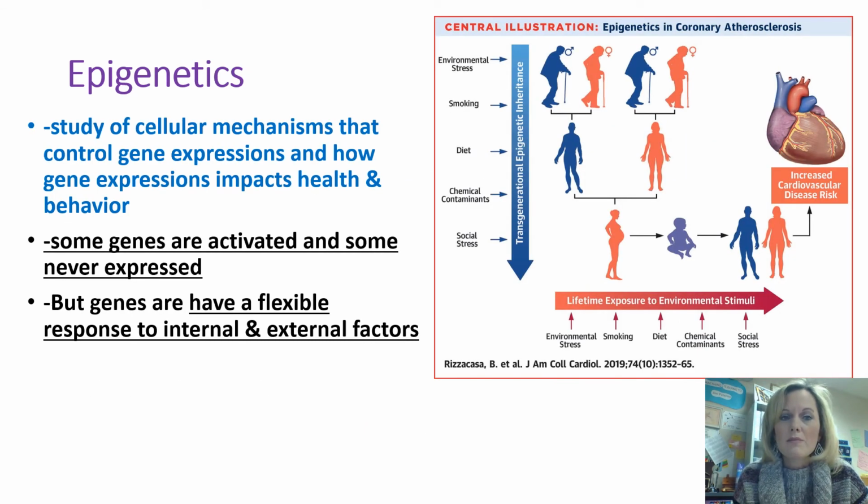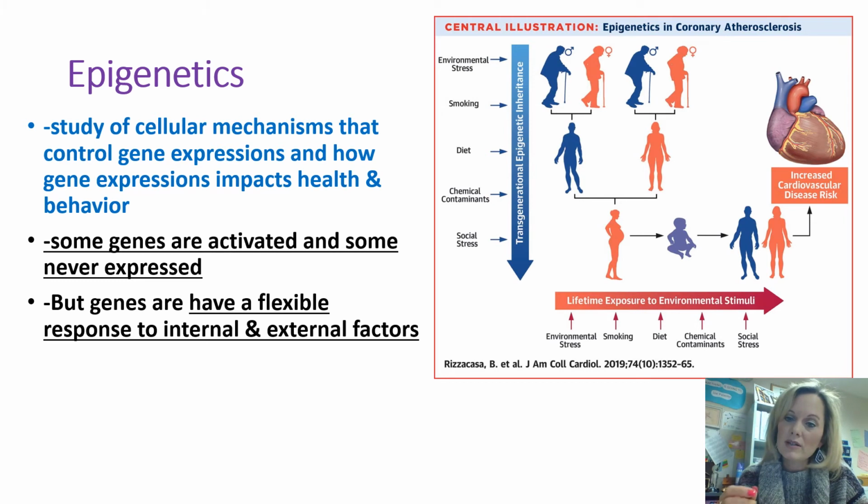Okay, so epigenetics is the study of cellular mechanisms that control genetic expression, and how genetic expressions impact health and also behavior. So we know that some genes can be activated and some can never be expressed.